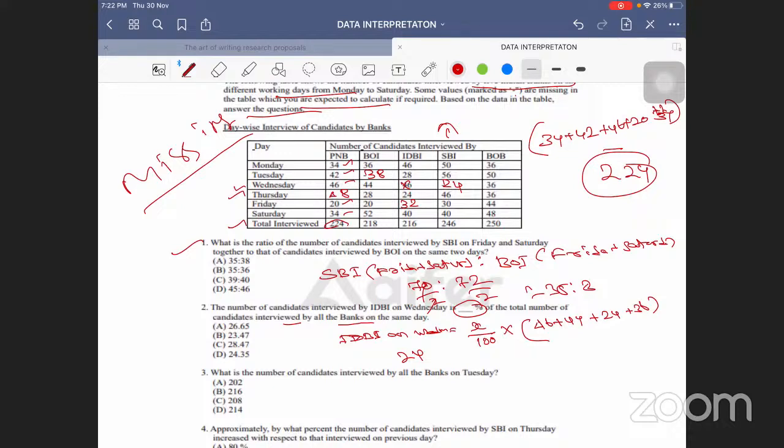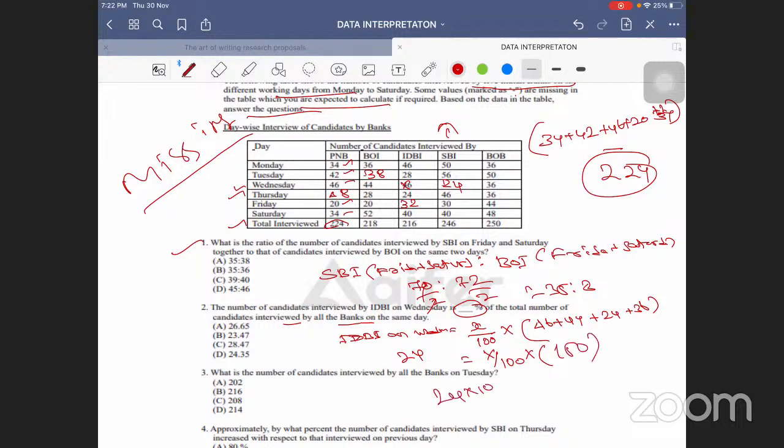So 24 is equal to X divided by 100 into the total, so add everything: 46 plus 44 plus 24 plus 36, total I think 150.